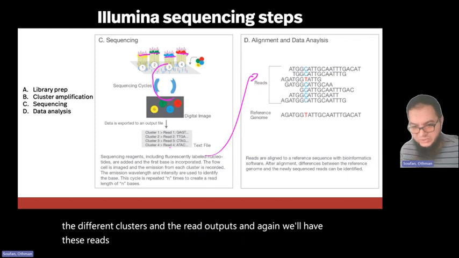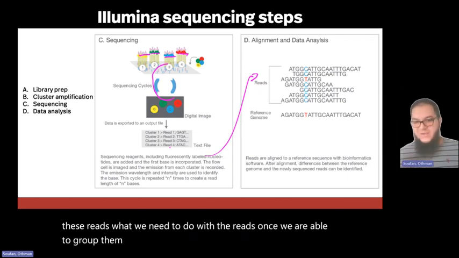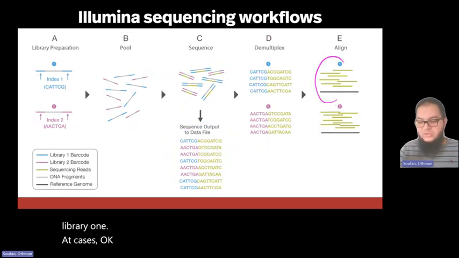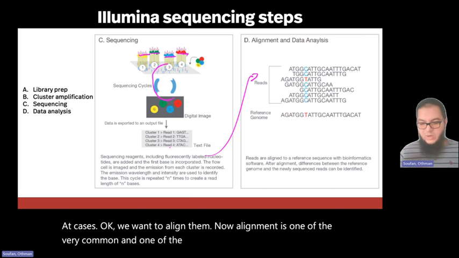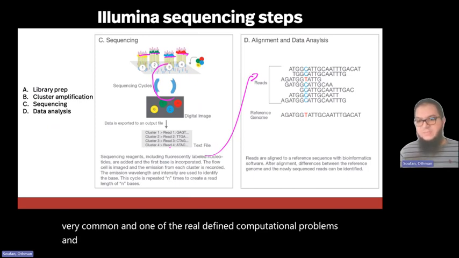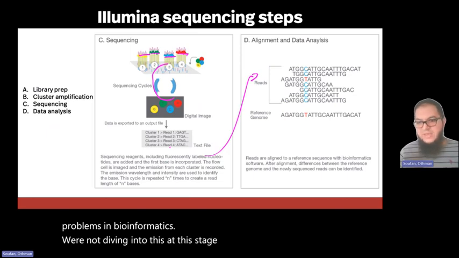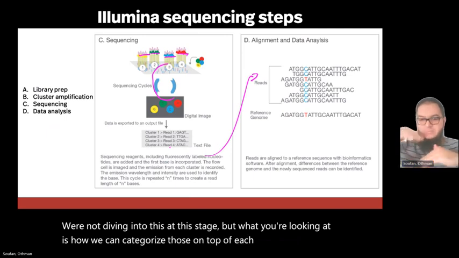What we need to do with the reads, once we are able to group and categorize them and find these are the library 1 cases, is to align them. Now, alignment is one of the very common and well-defined computational problems in bioinformatics. We're not diving into this at this stage, but we're looking at how we can categorize those on top of each other.